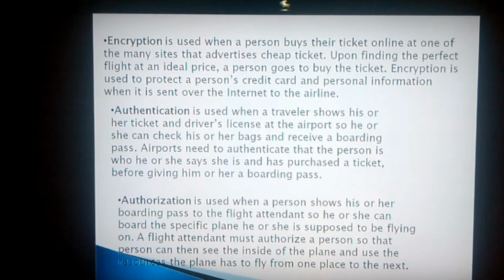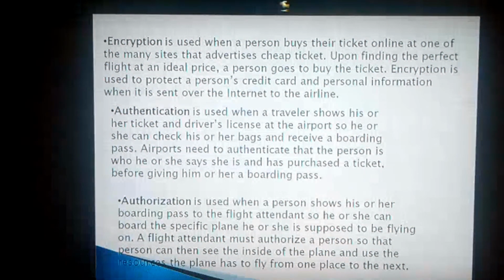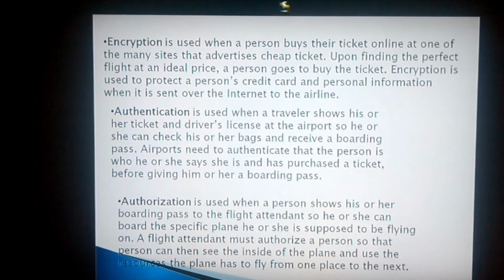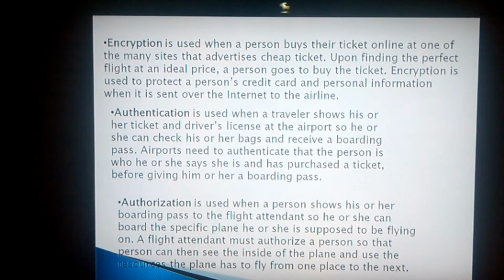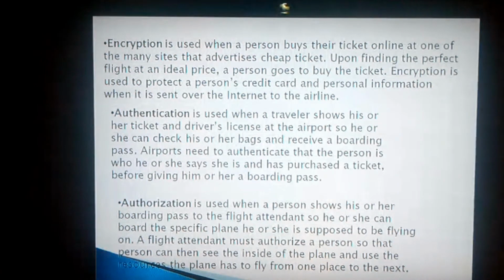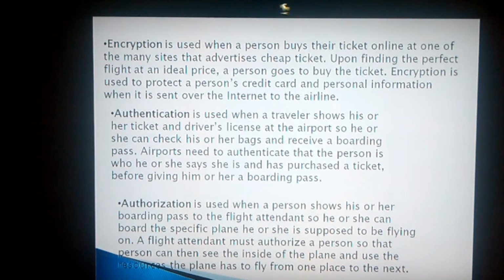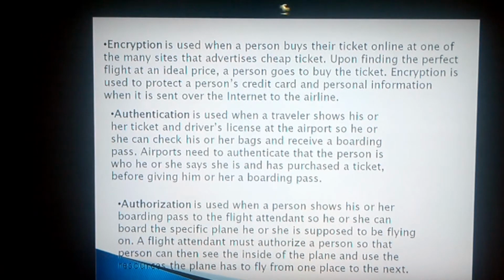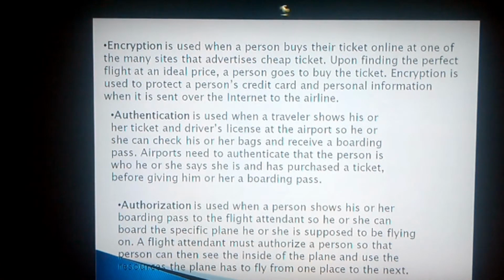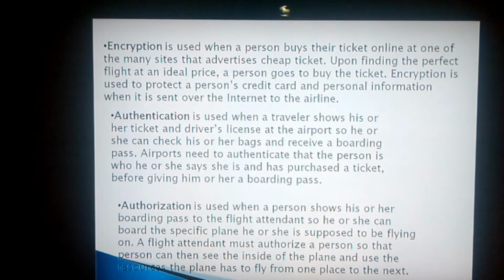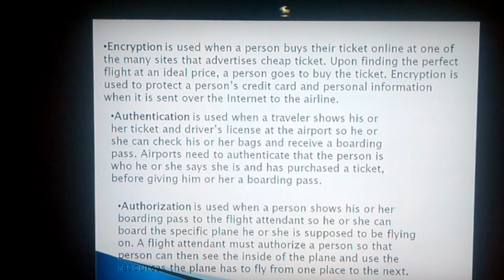Authorization is used when a person shows his or her boarding pass to the flight attendant so he or she can board the specific plane he or she is supposed to be flying on. A flight attendant must authorize a person so that person can then see inside a plane and use the resources the plane has to fly from one place to the next.